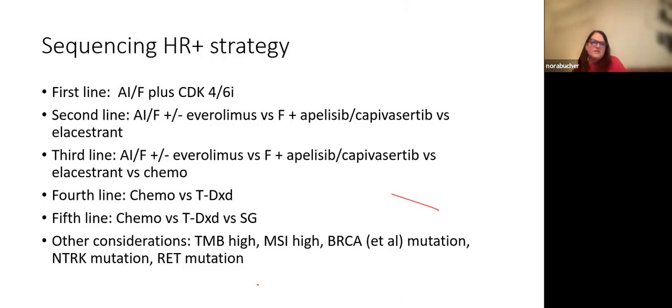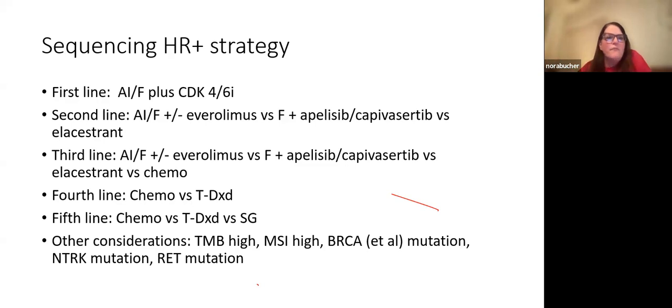So just to change gears, and I hope I haven't lost everybody, but I know we'll have questions at the end. Just going back, this is in the hormone receptor positive breast cancer patient. And going back to that diagram I showed earlier, I don't want to belabor all of this because some of us may not be on this line of treatment, and some of us may.